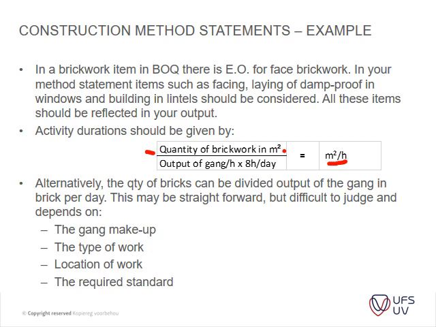So basically, in short, what they're saying is you can either calculate your output. Say, for instance, this gang can produce 1,000 bricks per day, or they can produce X amount of square meters per day. You guys understand that? The one just relates easier to the BOQ, where the other one is more to your material and labor. So you have to do your material and labor one because that's the most accurate one, but then you can take it further to actually your square meter per day. Okay.